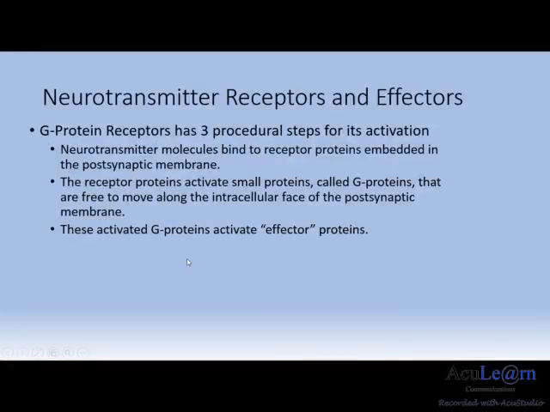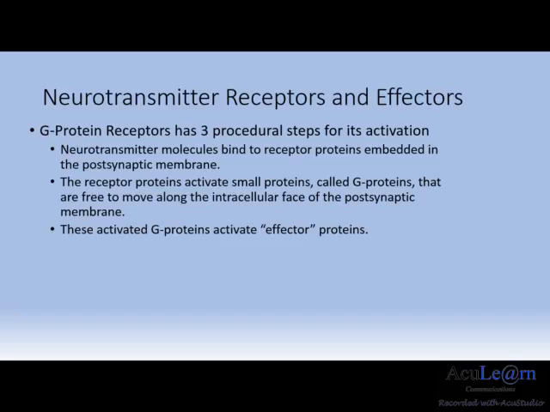The other form of receptor is the G-protein coupled receptor, which is activated through 3 steps. Firstly, neurotransmitters bind to the receptor proteins at the postsynaptic membrane. These receptor proteins proceed to activate small proteins known as G-proteins, which are free to move along the intracellular face of the postsynaptic membrane.